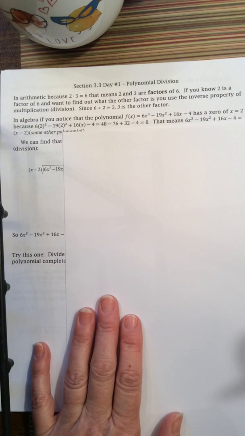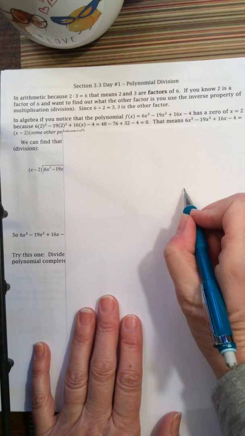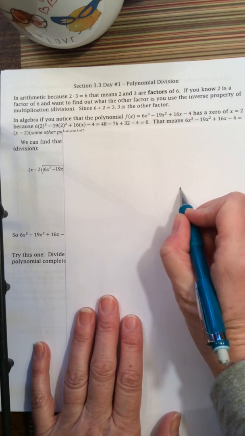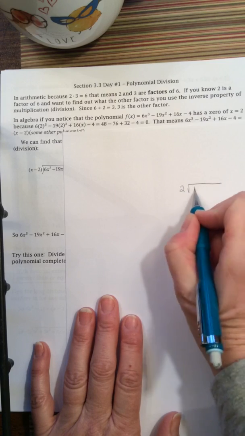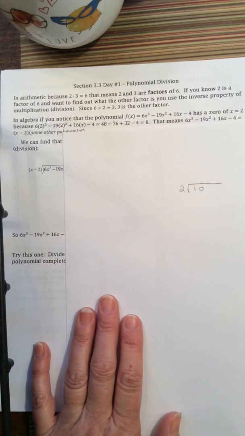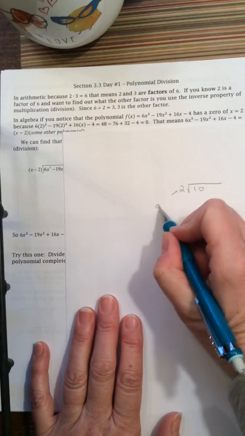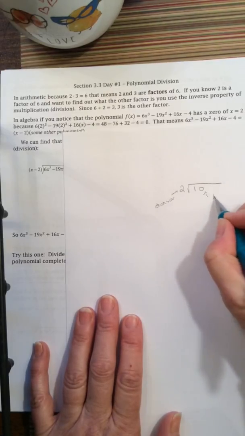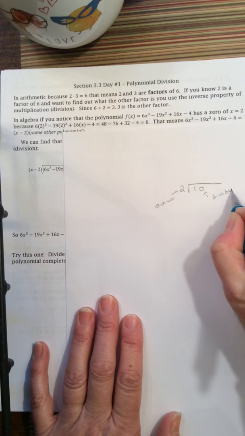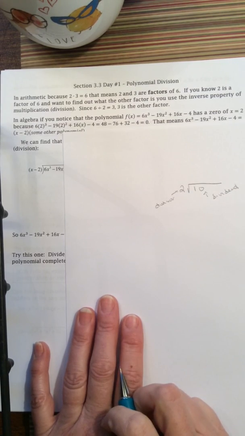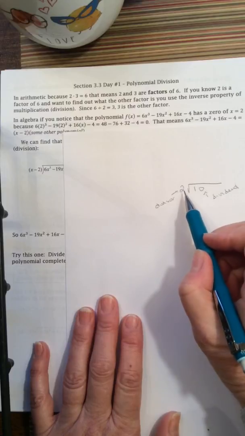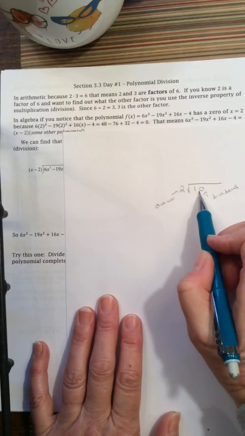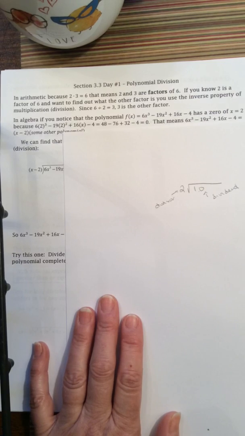So for example, you might have been in elementary school when they were trying to see whether 2 divided into the number 10. And you called 2 the divisor, you called 10 the dividend, and you tried to see whether you could find a number that when you divide it into 10, you end up with no remainder.